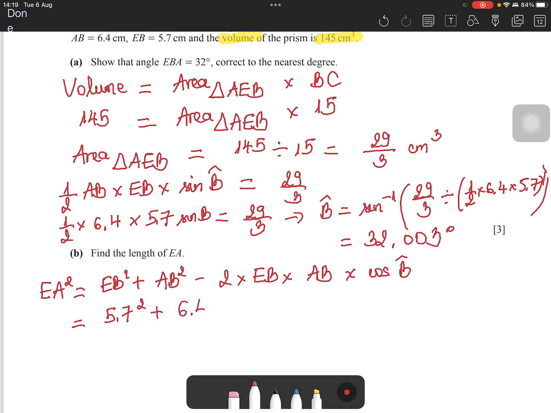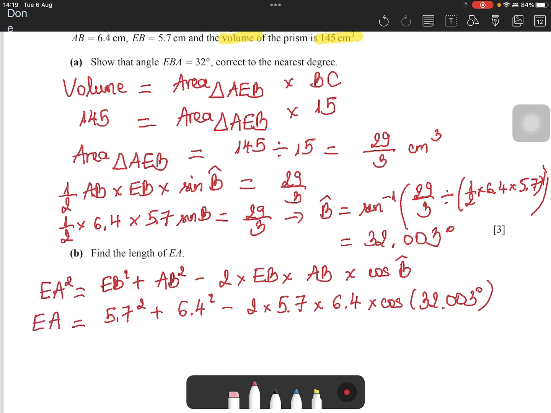AB is 6.4. Minus 2 times 5.7 and 6.4. Then we multiply by cos B. B is the angle we just found, 32.003 degrees.